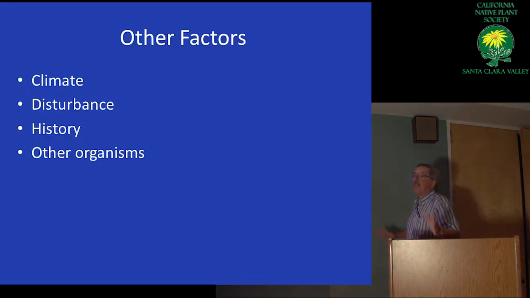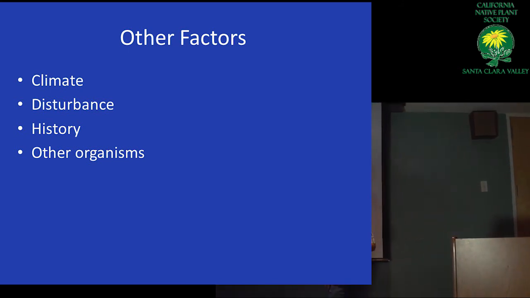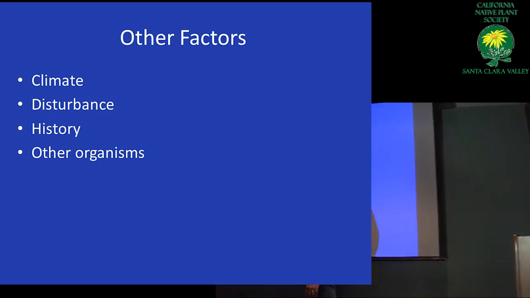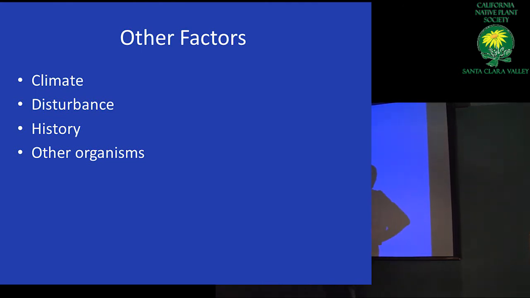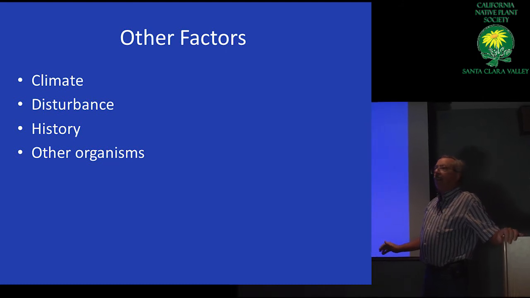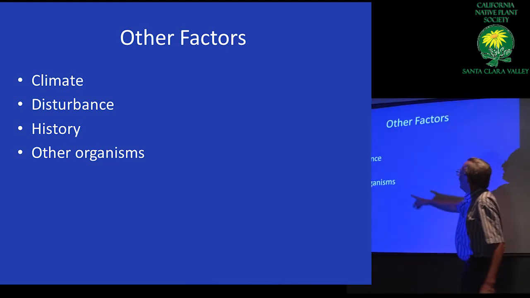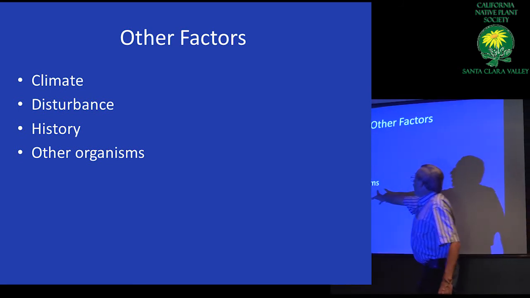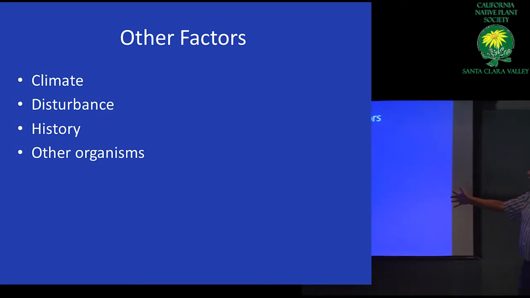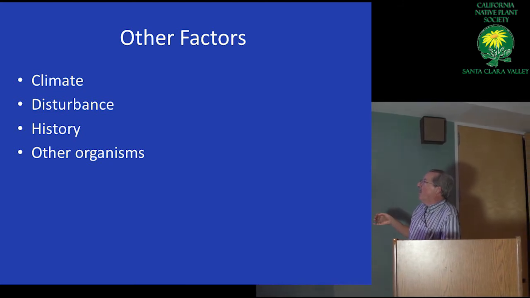Okay, other factors that could take it into account. It isn't all just the rock chemistry. There's also the climatic conditions, the history of disturbance. History of disturbance. Huh? Yeah. Oh, yeah. Hilarious. And other organisms. There are things out there that drive these plants to be what they are.